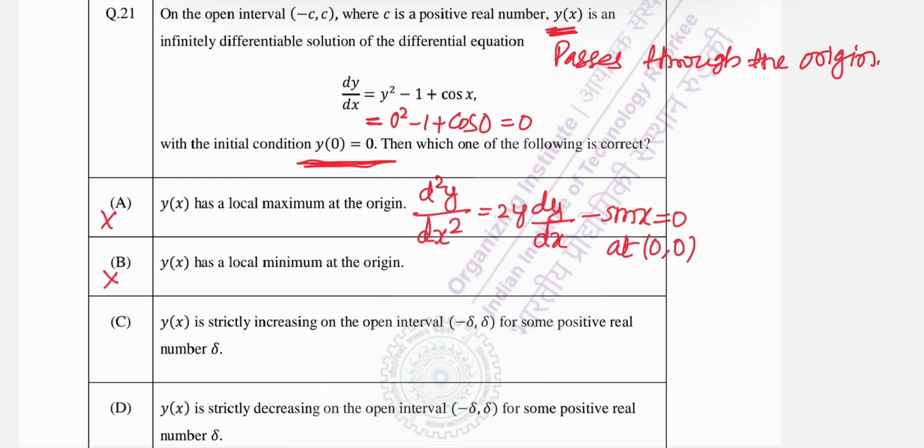the origin. Okay, now we again differentiate this one, and we have the third order differentiation, and you see on the screen, this will be equal to 2 (dy by dx) whole square plus 2y d2y by dx square, and thereafter cos x.